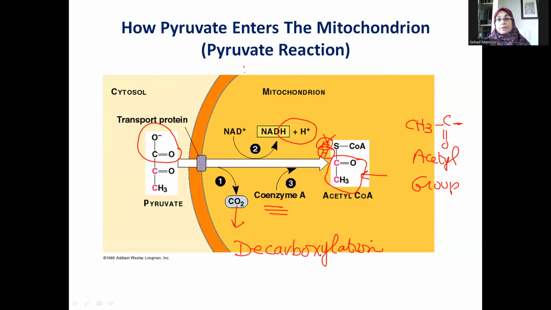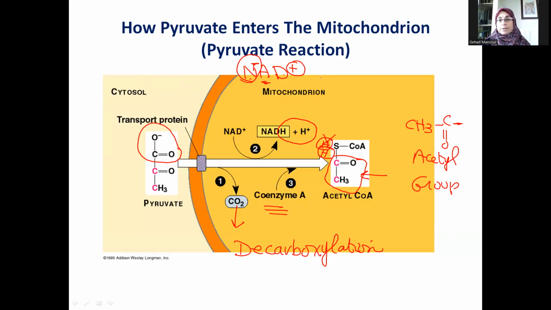As I said, for those who were absent, this is the oxidized form of NAD, nicotinamide adenine dinucleotide. It's called a nucleotide because it's similar to the nucleotides in DNA, because it contains adenine. And nicotinamide is a member of the vitamin B complex.